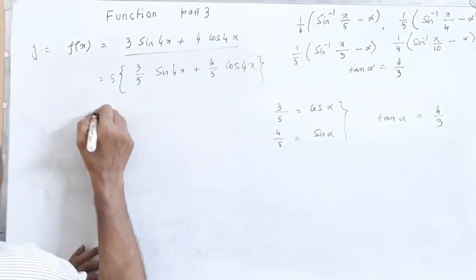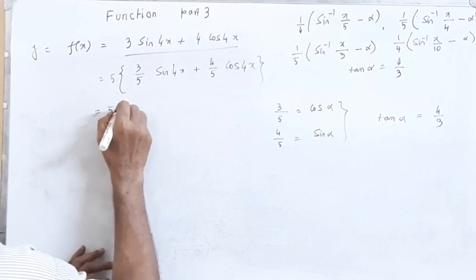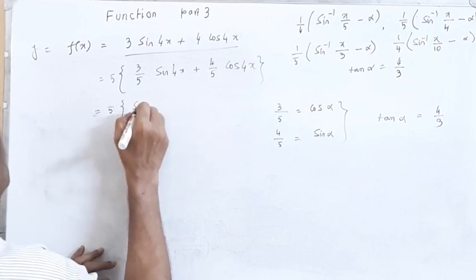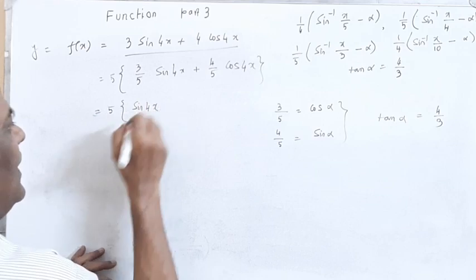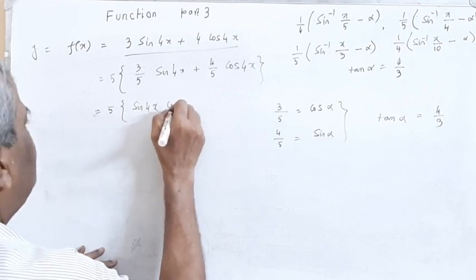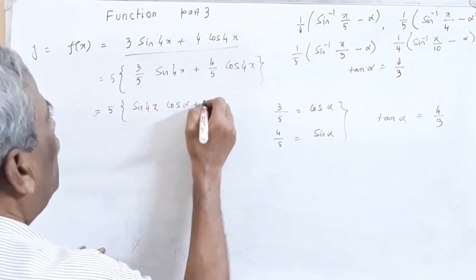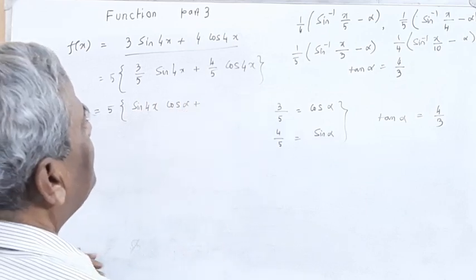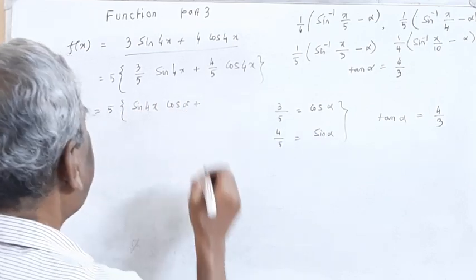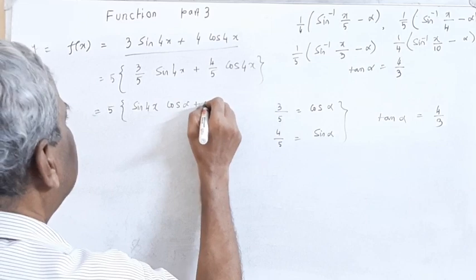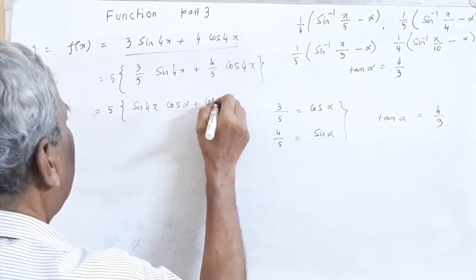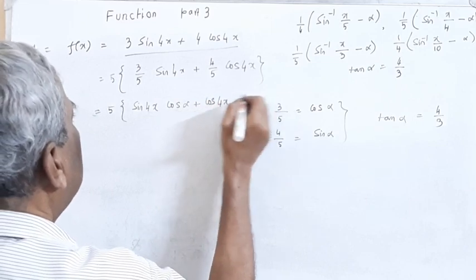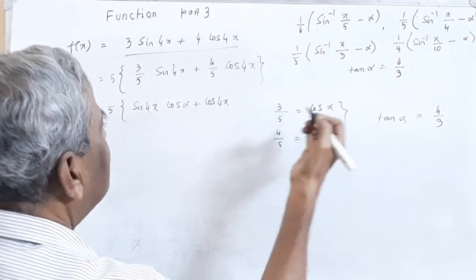So this becomes 5 into sin 4x cos alpha plus cos 4x into sin alpha.